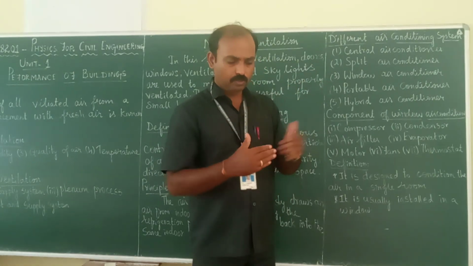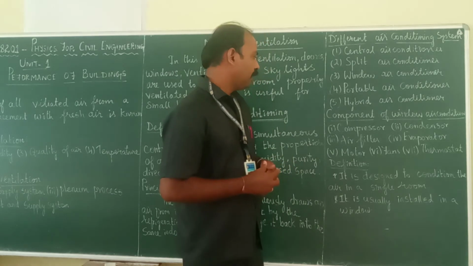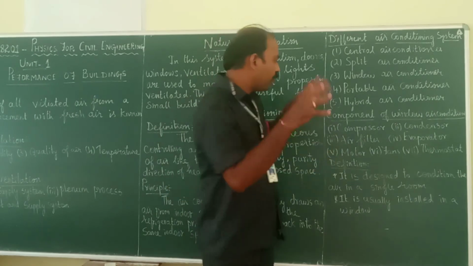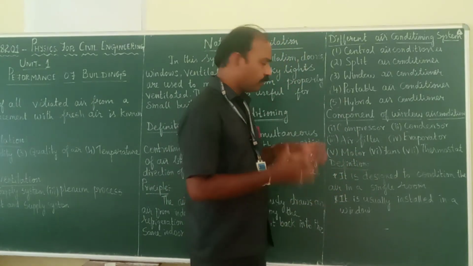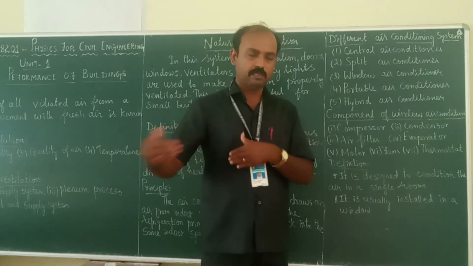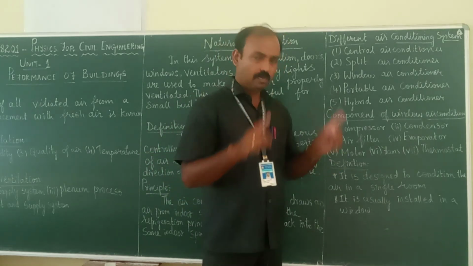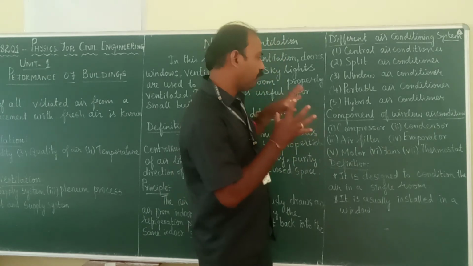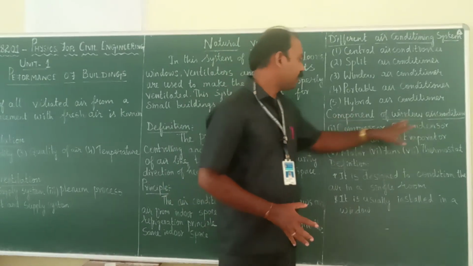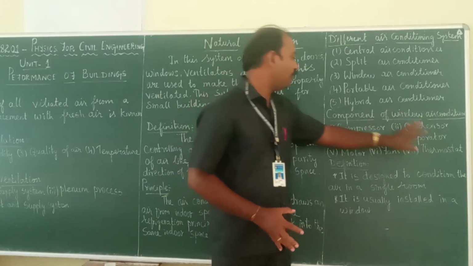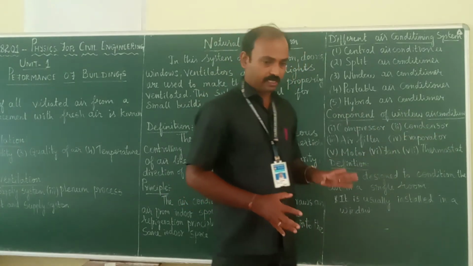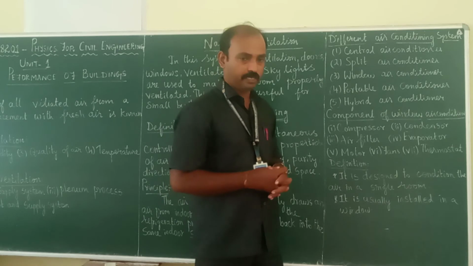So there are 2 different systems, and in them the different components are placed. These components are the compressor and condenser. The usage of the compressor, condenser, everything will be discussed in detail for the long question answer. Here we are only focusing on the air conditioning system's components: one, compressor; second, condenser; air filter; evaporator coil; motor; fan; then thermostat. These are the different components of an air conditioner.